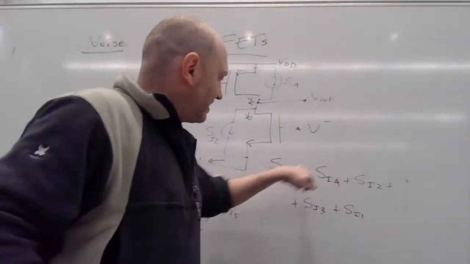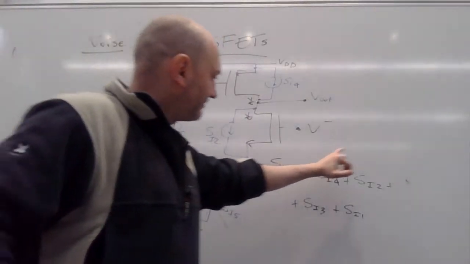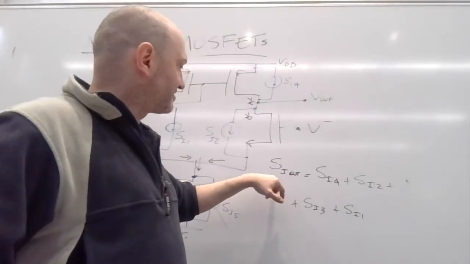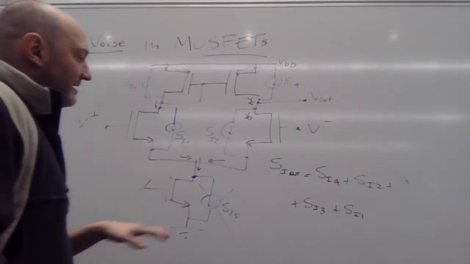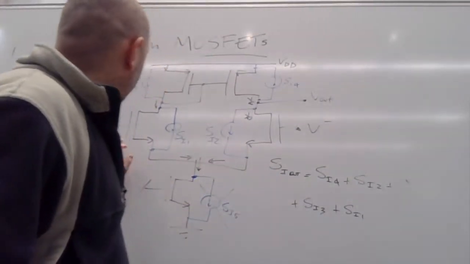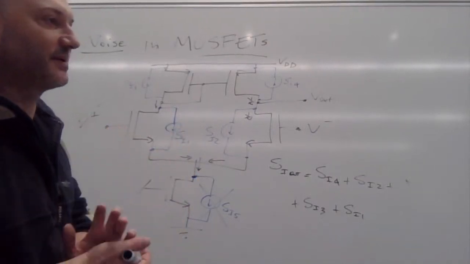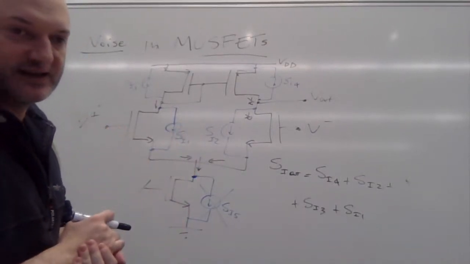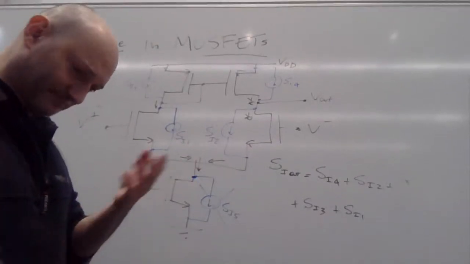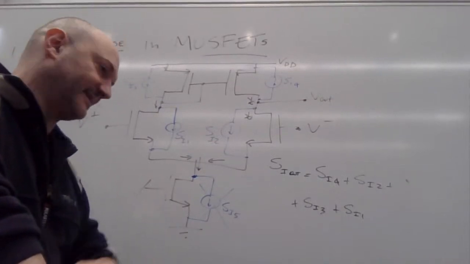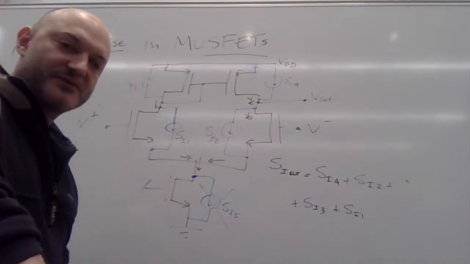Right, so we've gone through these, and we found the equivalent current source at the output. How do we convert this current source to a voltage source at the input, which is typically what you find in a data sheet? When you get the data sheet, they tell you what the noise of the amplifier is. If you check an operational amplifier, they usually tell you the equivalent input noise, 4 nanovolt per square root of hertz, 20 nanovolt per square root of hertz, or whatever.